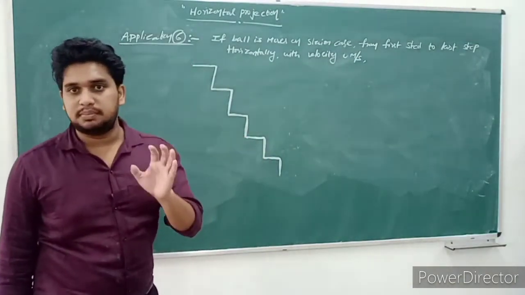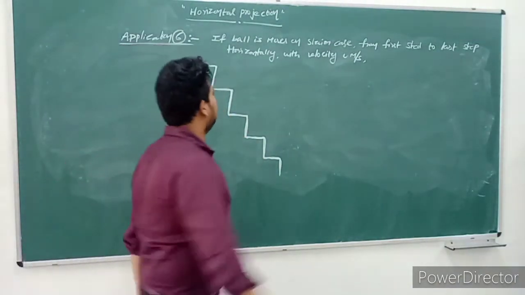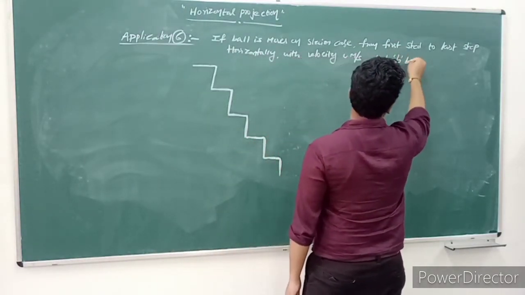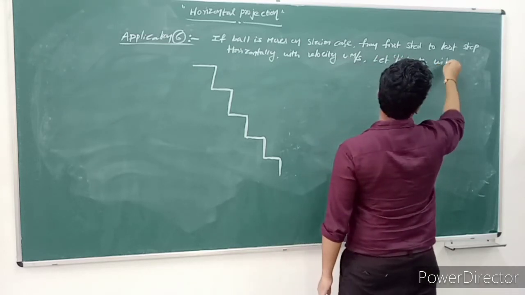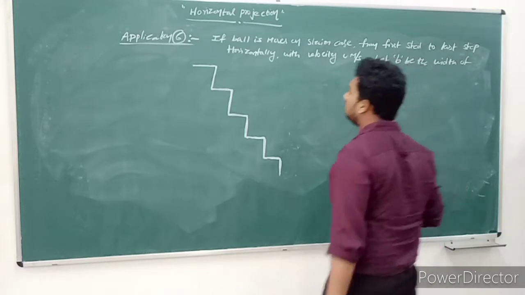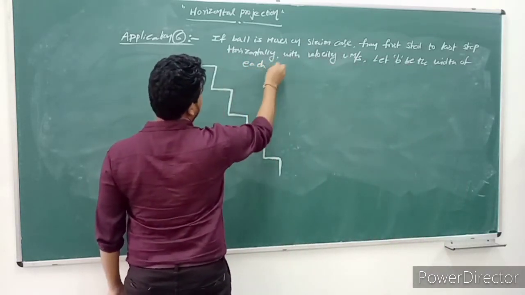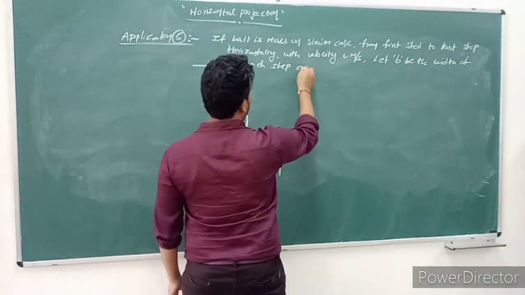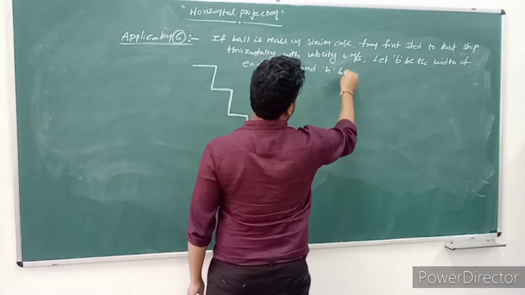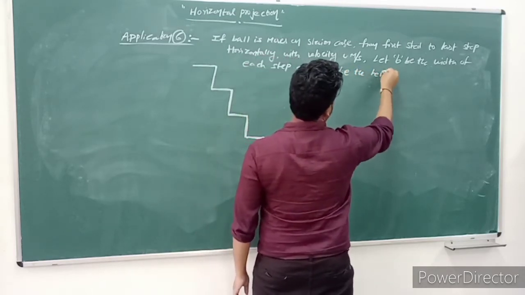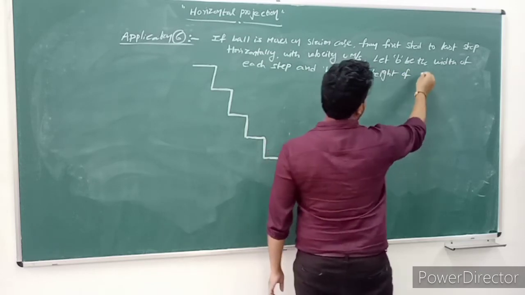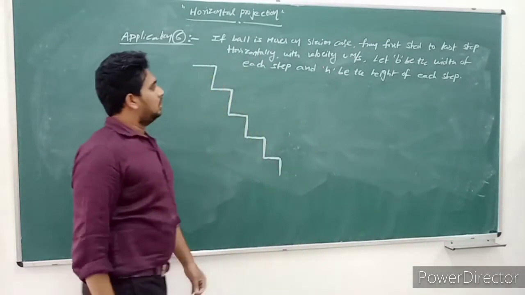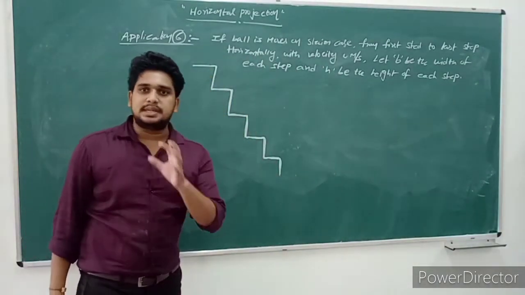This is a very important application. Please be focused. With velocity u meter per second, let b be the width of each step, and let h be the height of each step.